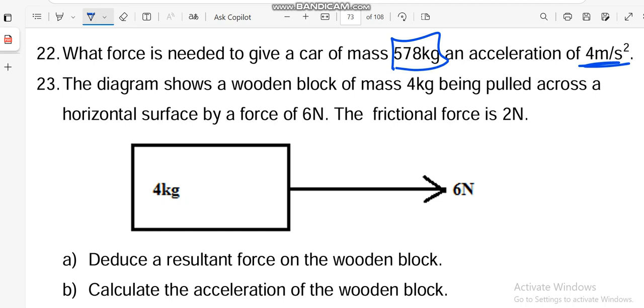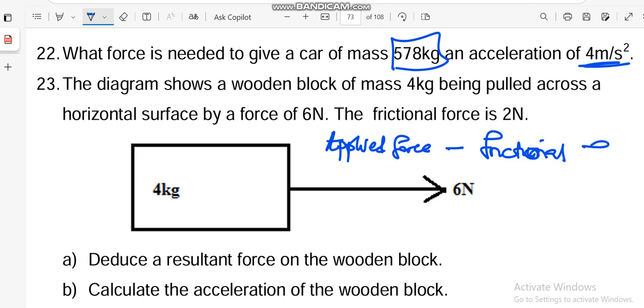You need to know how to calculate the resultant force. For you to get the resultant force, you use this formula: applied force minus frictional force.